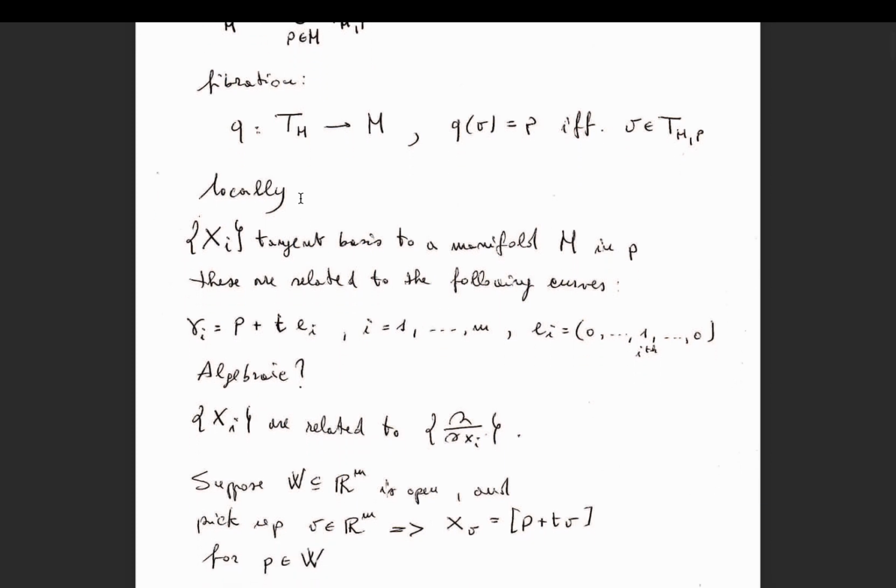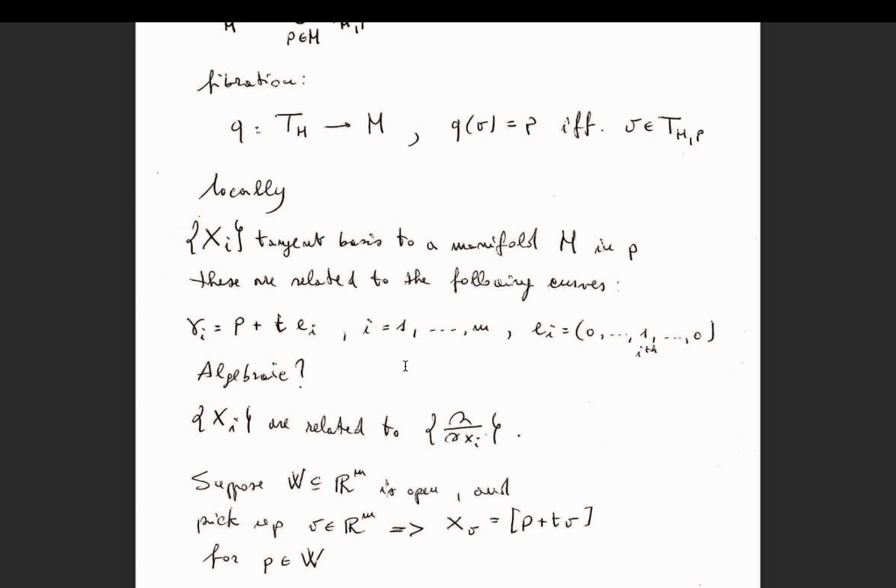In order to grasp what the tangent bundle actually looks like locally, we can say the following. The canonical vector basis x_i of the tangent space at the point p of a manifold M are related to the curves p plus t e_i, where e_i is the canonical basis 1, 0, 0, 0, 0, 0, 0, 1, 0, 0, 0, etc. So they correspond to this.